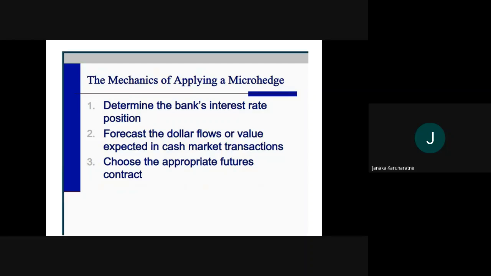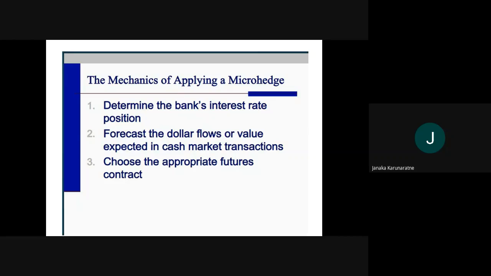If I sell that bond today, I will get, let's say, 10,000 rupees. But I don't want to sell it today because I need money in 6 months' time. If the interest rate goes higher, I will get only 9,000 rupees in 6 months' time. That is my forecast, expected cash flow.